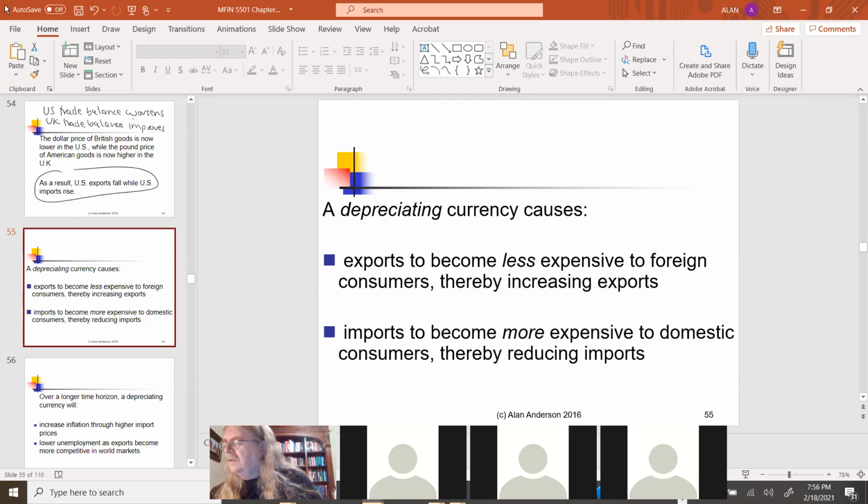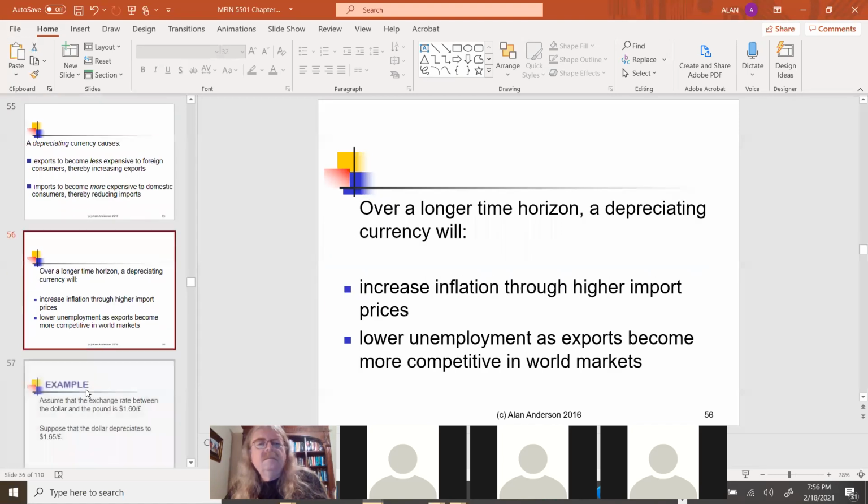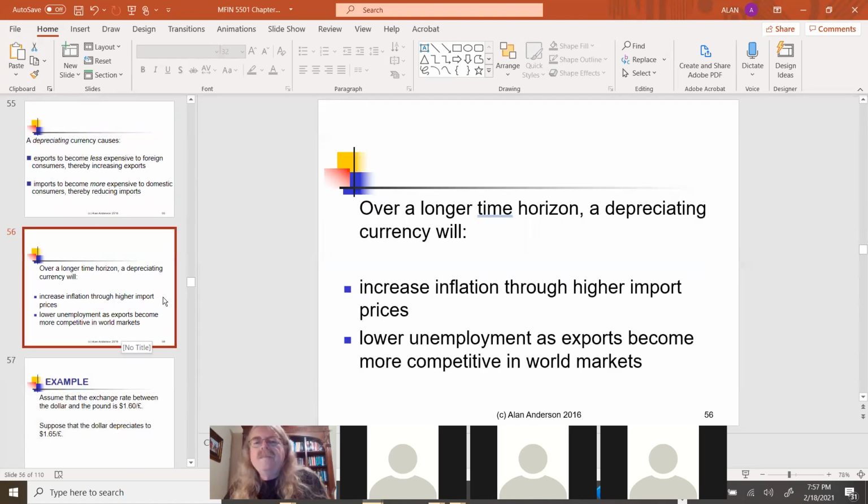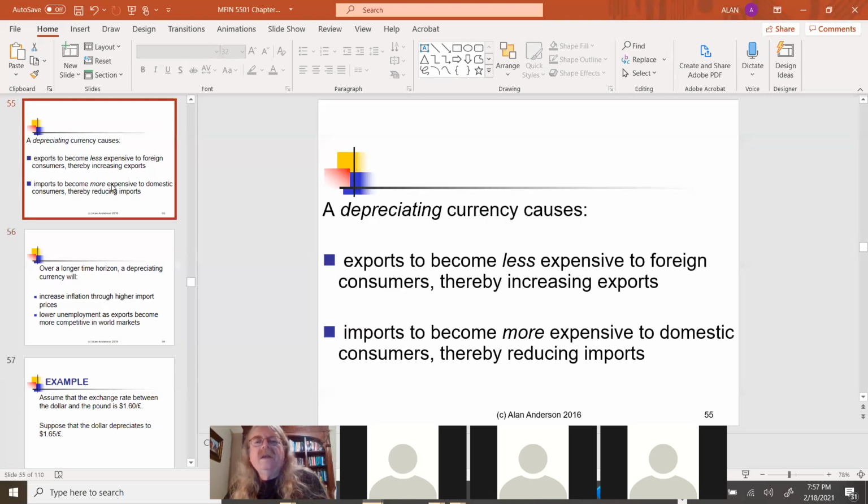Now, let's take a look at a numerical example. Oh, by the way, we also want to consider the longer run over a long time horizon. So the weaker currency is helping our trade balance, okay, because we're selling more, we're buying less. In this case, the trade balance improves.